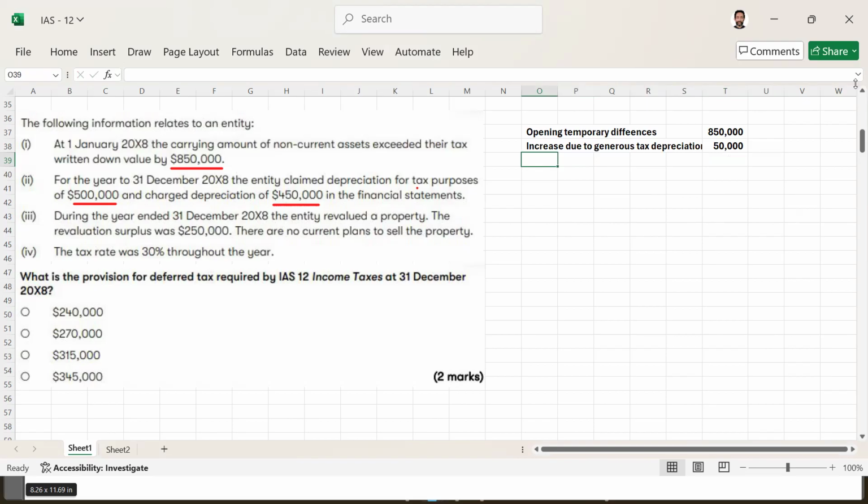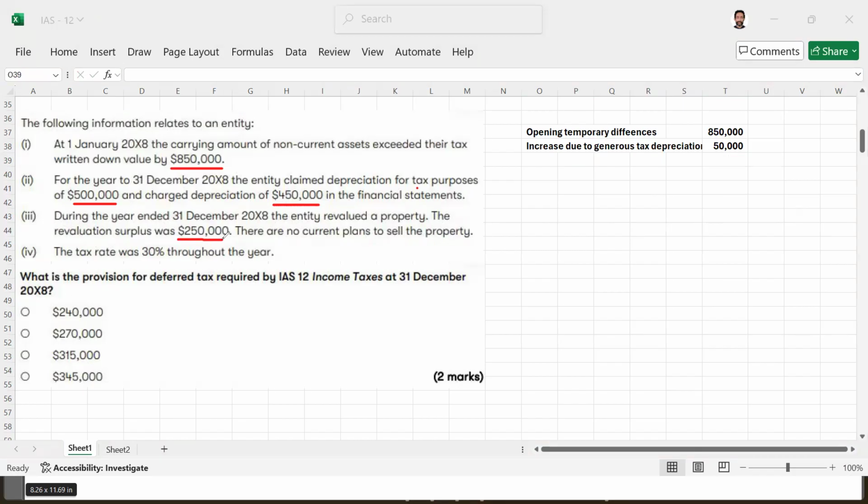Next one. During the year ended 31st of December 2028, the entity revalued a property. The revaluation surplus was 250. Now the revaluation is only considered by the accounting basis, whereas the tax base or the tax authorities do not recognize the revaluation.